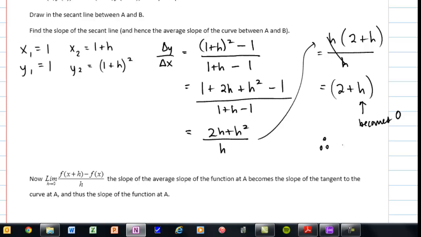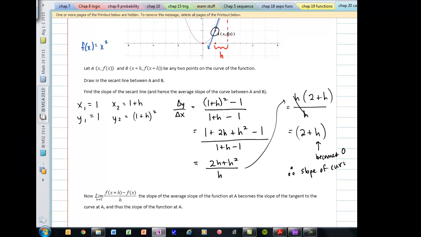And therefore, the slope of the curve at x equals 1 is 2. So the slope of the secant, but in this case it's the tangent line, at x equals 1 is equal to 2.